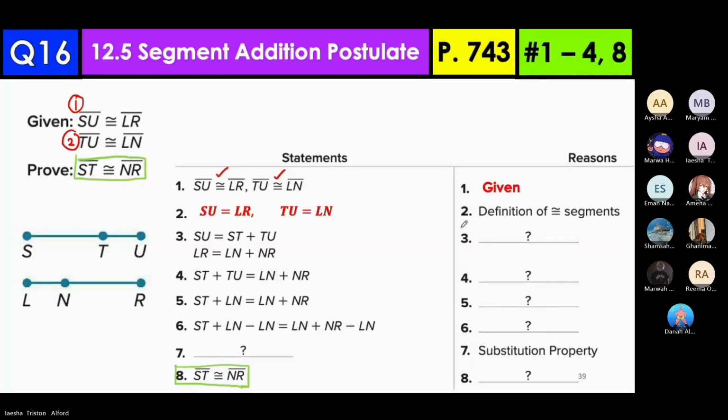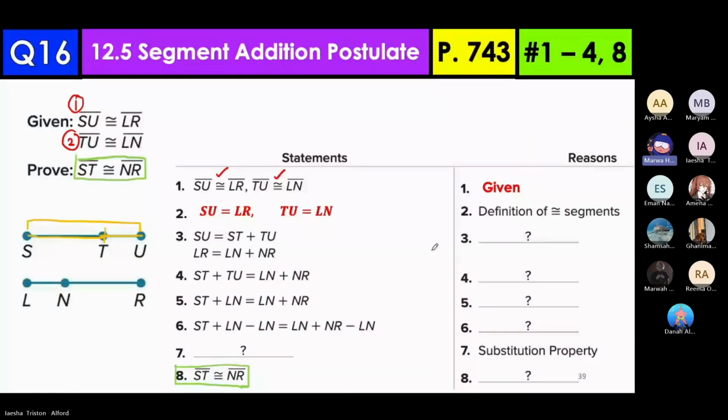Next thing, see the picture. SU is equal to ST plus TU. So here is ST plus TU, which is going to give you SU. It has a vocabulary word: segment addition.